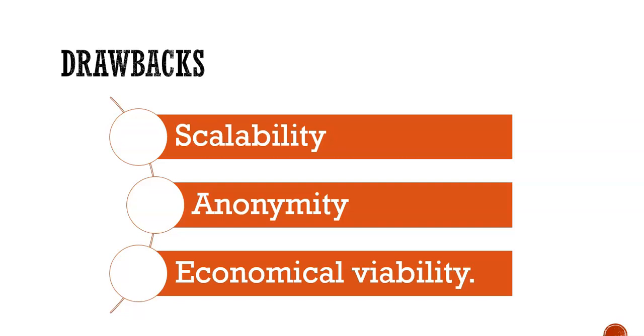So about economic viability, will it be possible for everyone in society to own a cryptocurrency? We do not know. At least in India, we are not yet in the situation where everyone is able to exchange their cryptocurrency. So economic viability is a drawback.